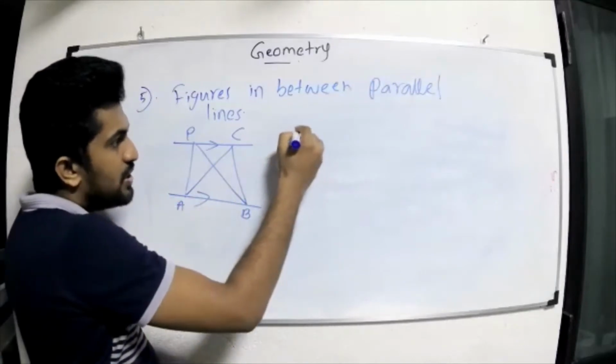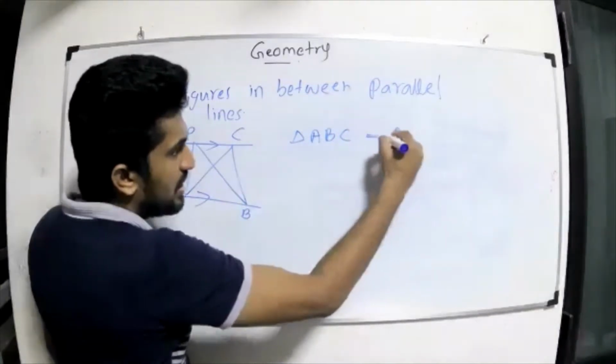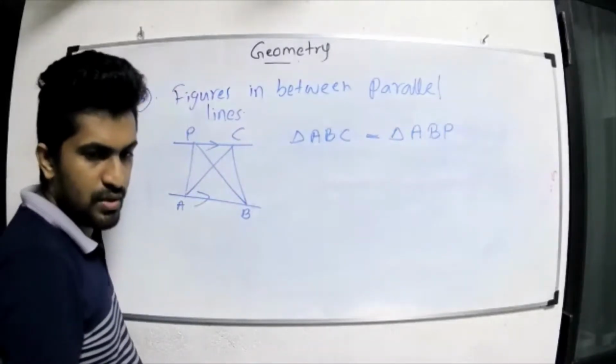Triangle ABC equals triangle ABP in area.